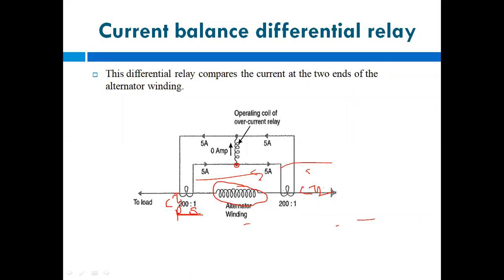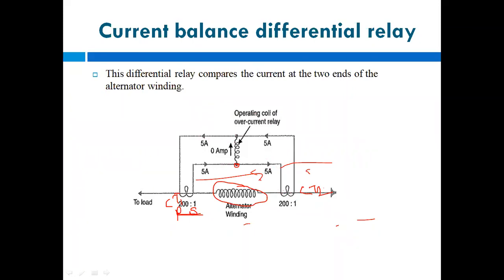So when a current of 5 ampere flows through this node, the same value of current is at the other end. It means there is no difference between these two currents. Whatever the incoming current is, it is equal to the outgoing current, and the same current is flowing through the CT secondary, right?